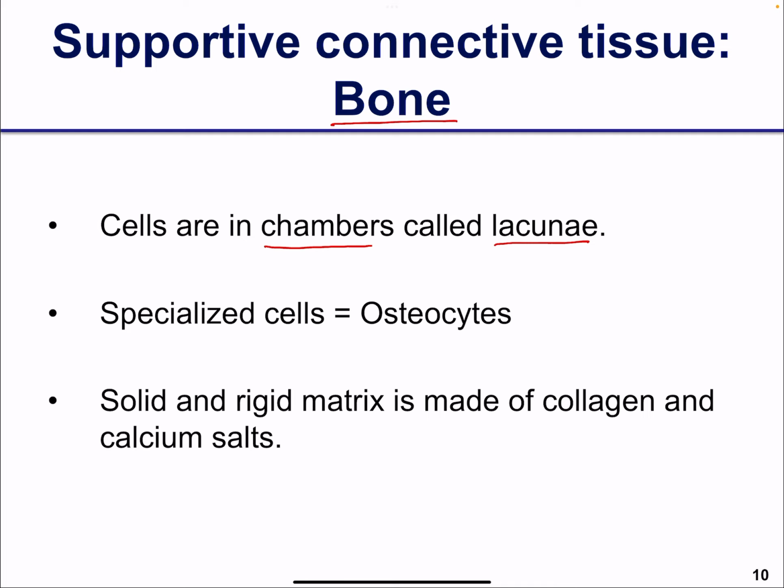Again, one lacuna, several lacunae, right? The specialized cells that are responsible for making the bone are osteocytes. These osteocytes are the ones that find themselves in these little chambers called lacunae, right?